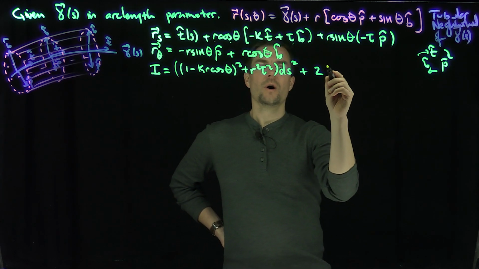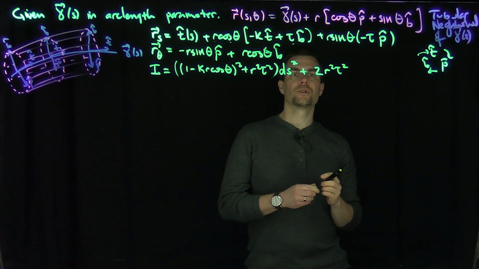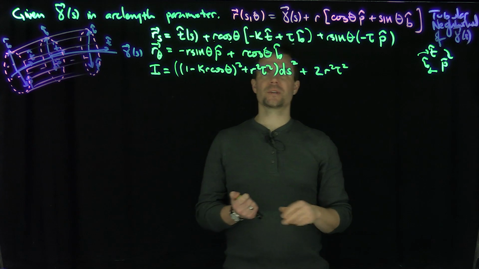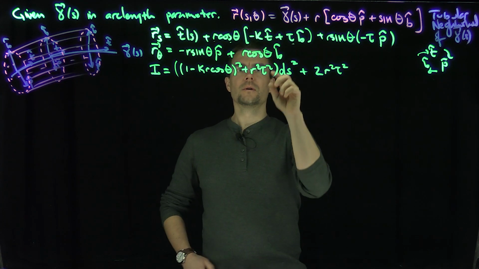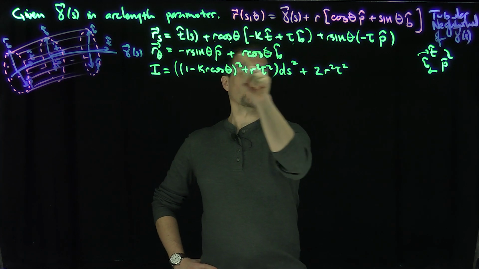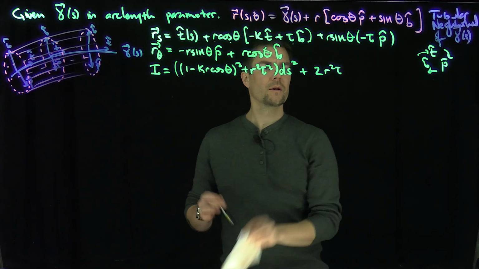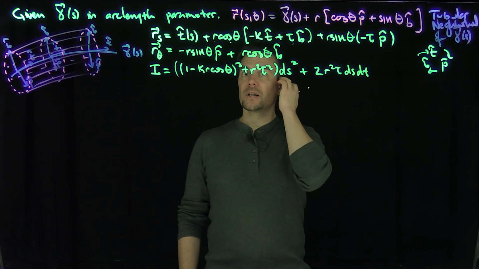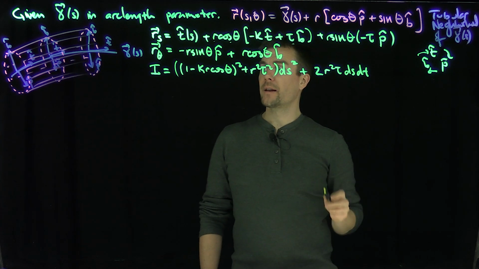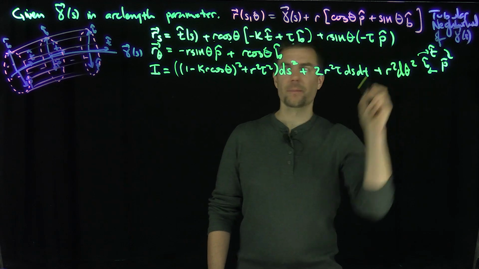Let's see, is it r squared tau? The pp is going to give me an r squared sine squared, so just a single tau over here, only one tau. Great. Then ds d theta. And then r_theta dot r_theta is just going to be r squared d theta squared. That's my first fundamental form.